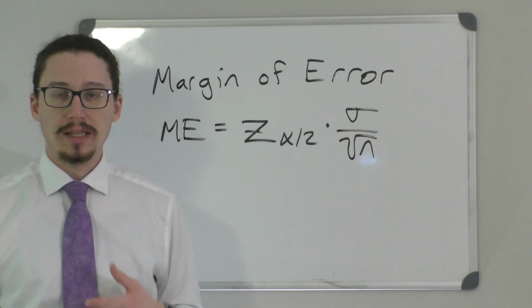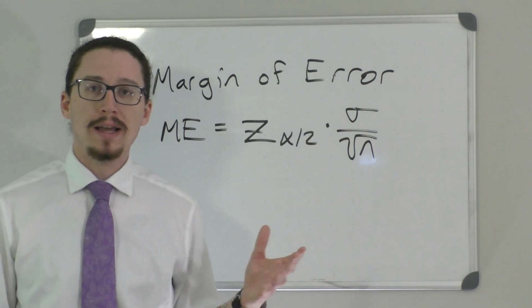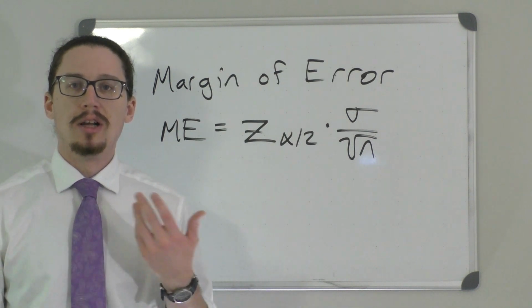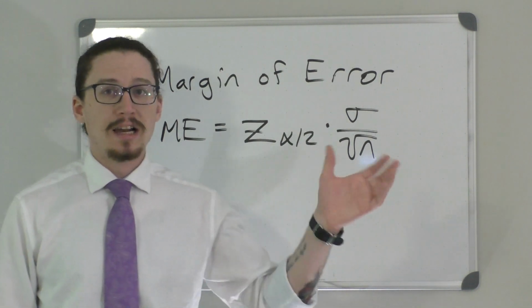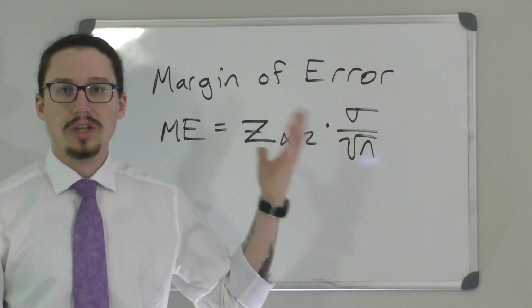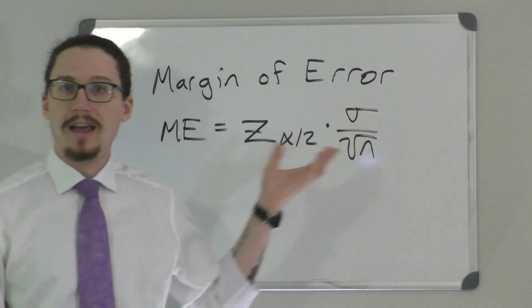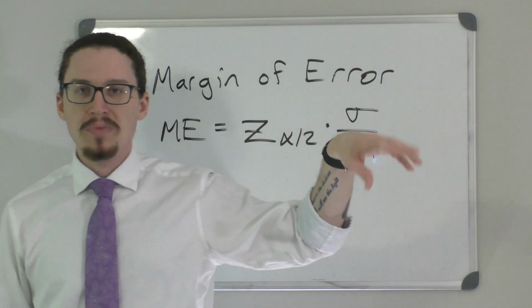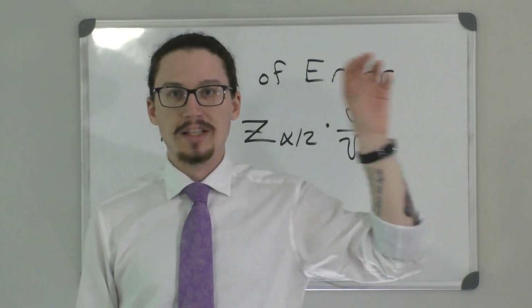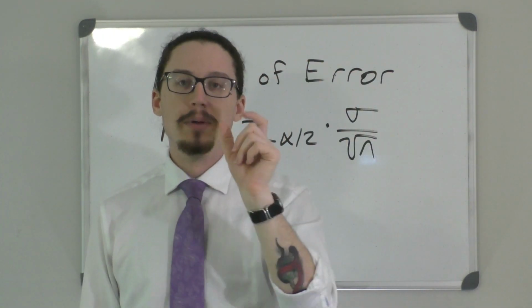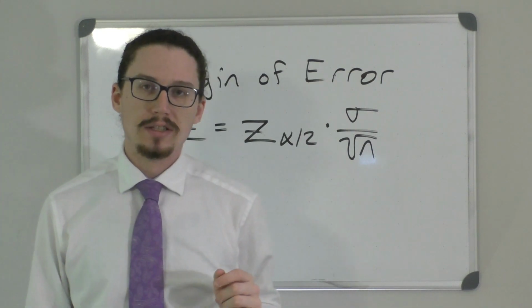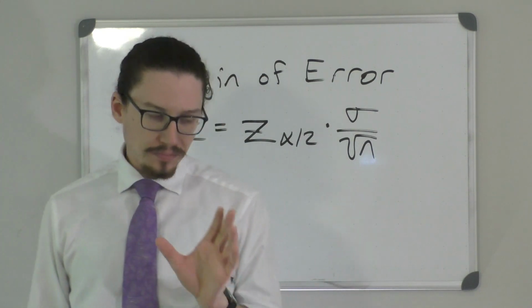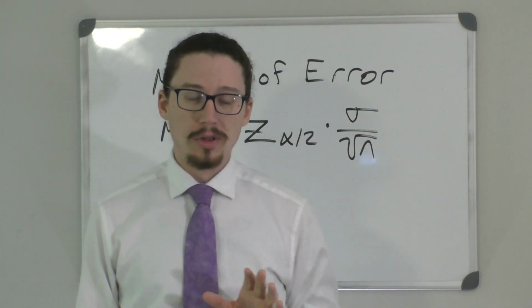When we're looking at this margin of error, this is what's going to determine how wide or how narrow our confidence interval is. It's not going to be the sample mean, which is the only other thing in that calculation, because the mean is off by itself. It's the central point, in the middle of that confidence interval no matter what.